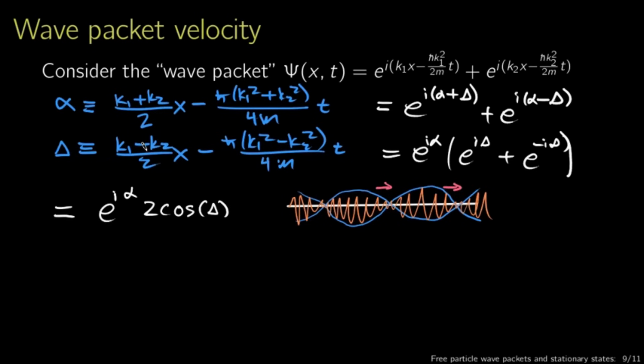So what I'm looking at here is delta equal to 0, say. The same sort of argument that I was using to determine how fast a feature on a single wave moved: setting this delta equal to a constant, not caring what the constant was, and setting it equal to 0.